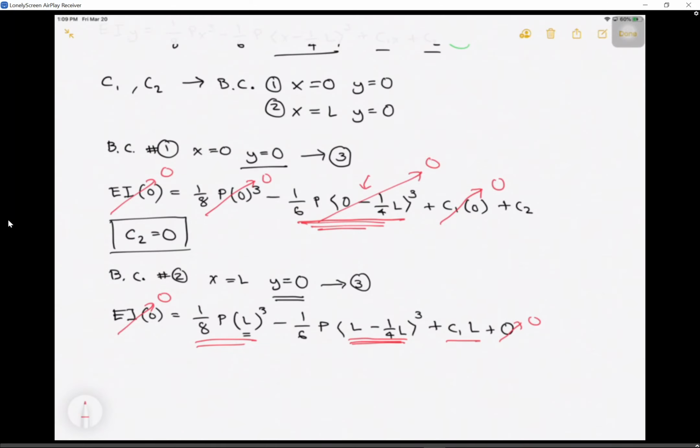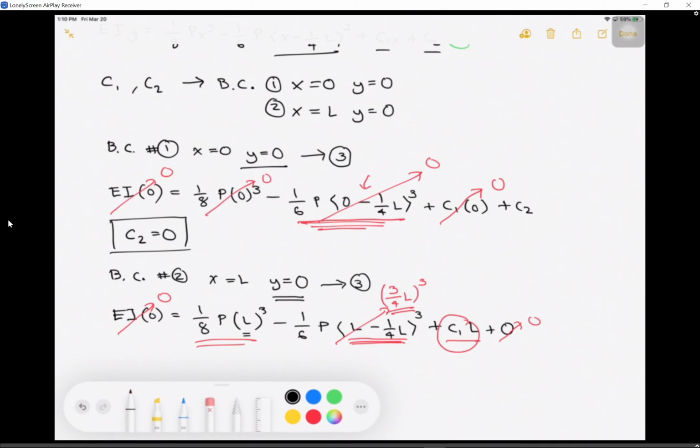L minus 1/4 L, that's 3/4 L, which means we can now evaluate this one as 3/4 L raised to 3, and everything should be raised to 3. Which means I can now calculate for my C1 based on this number right here.